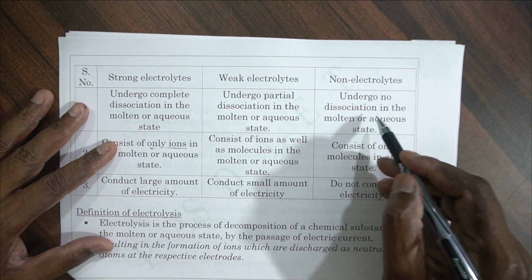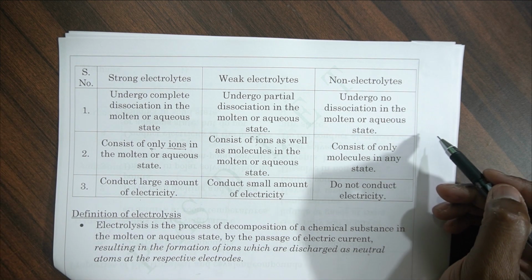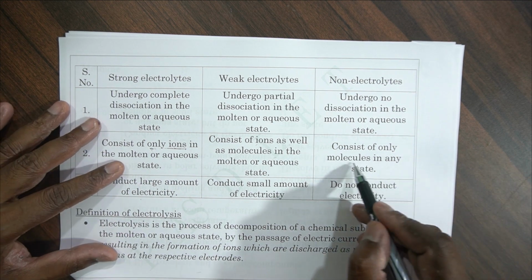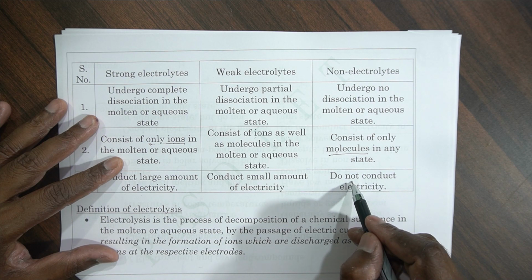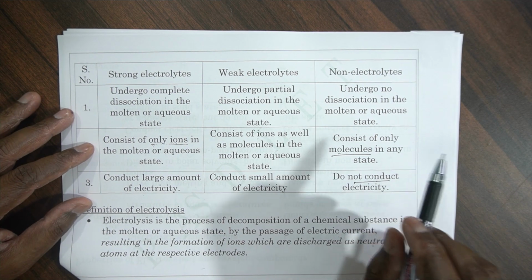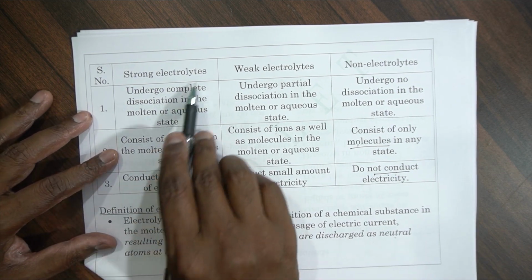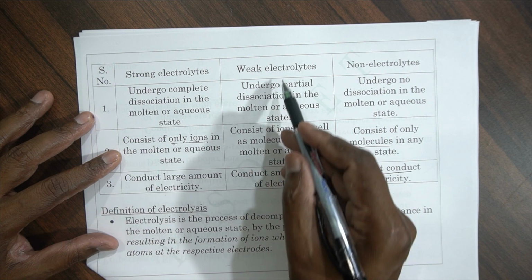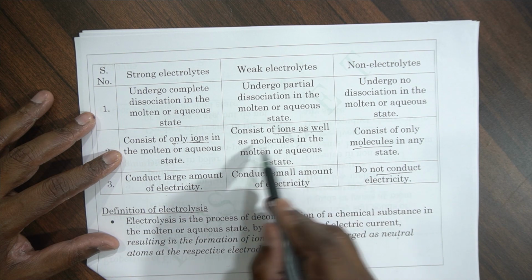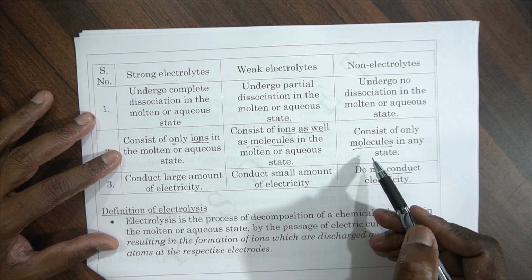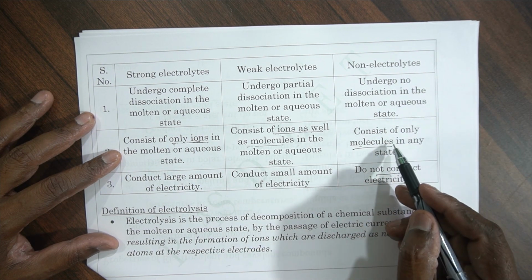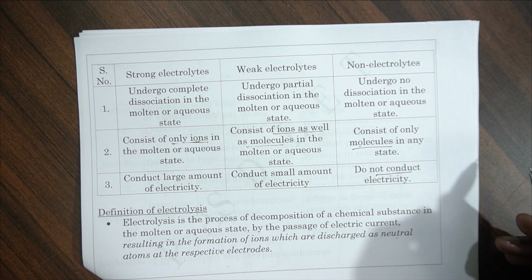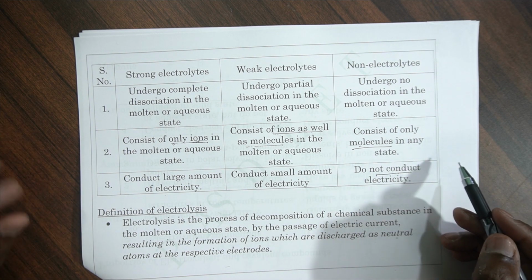Whereas non-electrolytes have no dissociation in molten or aqueous state, and they consist of only molecules and do not conduct electricity at all. So one thing important to note here is strong electrolyte has only ions in molten or aqueous state. Weak electrolytes have ions as well as molecules in aqueous state or molten state. Non-electrolytes have only molecules in any state. So this difference you have to understand.